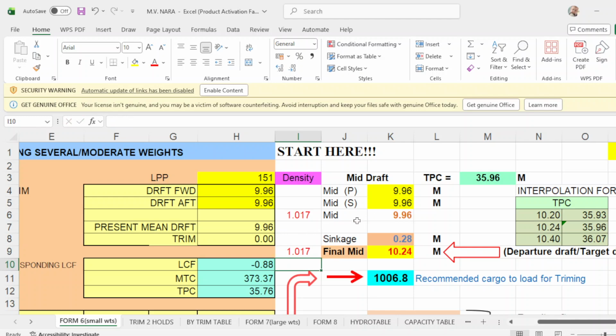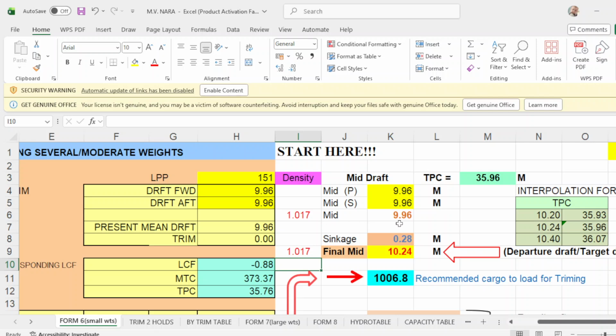Assuming that the foreman, upon reaching this mid drop of 9.96, stops the loading operation and asks the chief officer and the surveyor to take a drop survey so that you will know how much cargo to load for trimming. Okay, so he wants to know the recommended cargo for trimming.